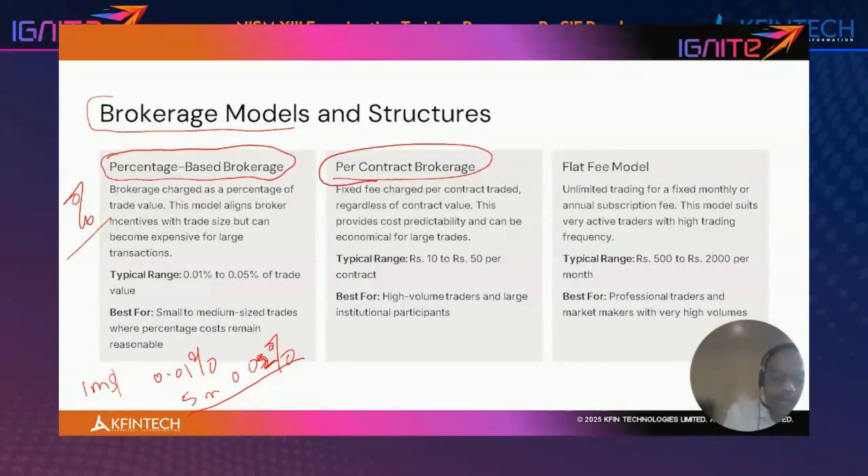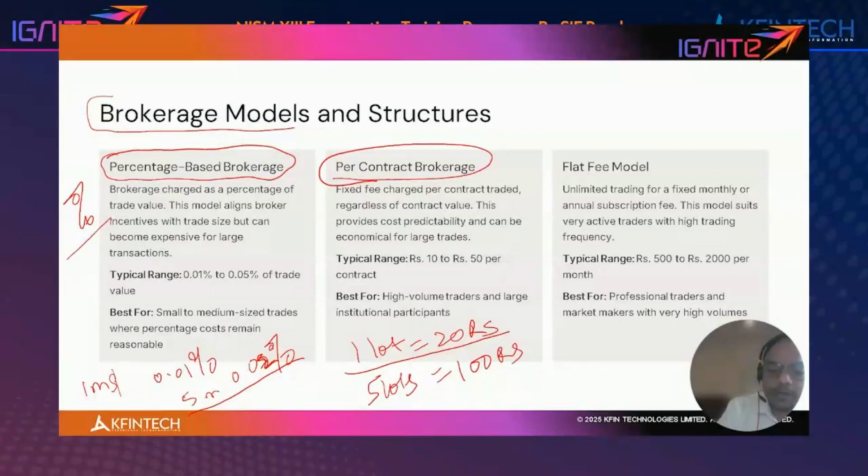The broker can say that for one lot, I will charge you 20 rupees, like what discount brokers in India are doing. For one lot, they will charge 20 rupees. So if I buy 5 lots, I will be charged 100 rupees. If I buy 100 lots, I will be charged 2000 rupees. So this is percentage based. This is per contract based.